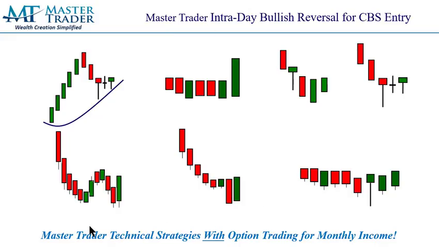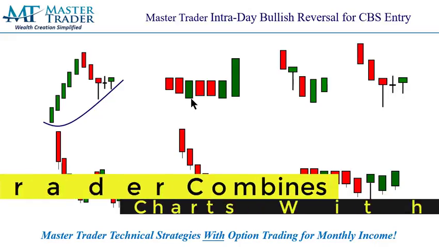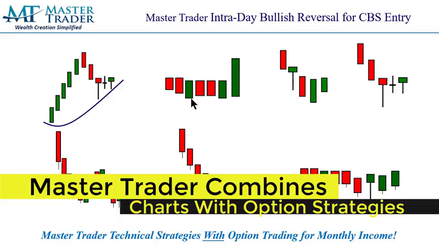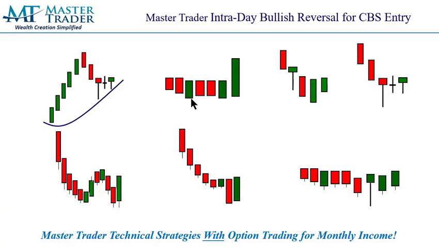And Master Trader loves selling out of the money puts and put spreads on these climactic buy setups, because when the stock is selling off aggressively like that, implied volatility rises, giving us overinflated juicy premiums, which is our maximum gain, and all we're doing is calling a short-term low, and we're profiting from the day-by-day time decay.